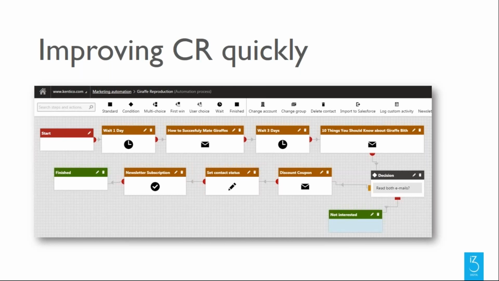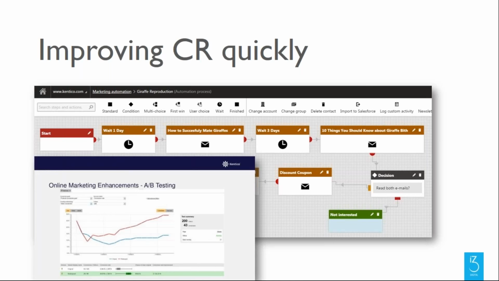This example here is looking at somebody who's interested in giraffes and trying to get them to a point where they're warmed up enough to react positively to a discount coupon. Obviously, not everybody is interested in all the different stuff that you offer. So it's about helping them get towards that point where they've shortlisted one or two things they're interested in, and then we can ask them to take action.